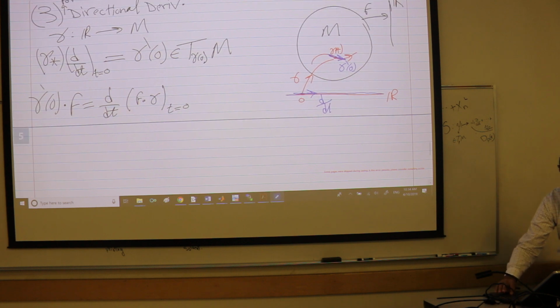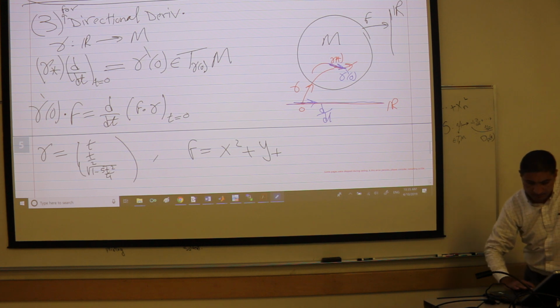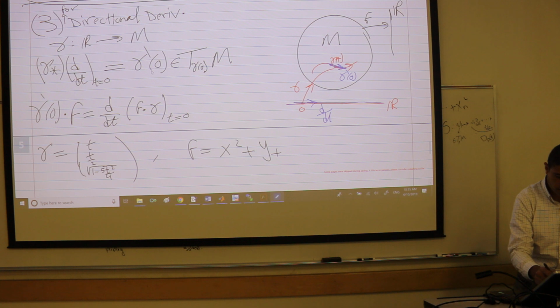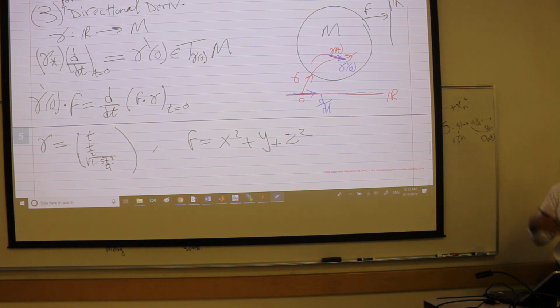Let's do it in our example that has been flowing with us. Reminding you, our gamma was t over 2, square root of something, 1 minus 5t squared over 4. The function was, I guess, x squared, y, and z squared, right? And we did the directional derivative in a couple of ways, and you can do it in many ways. Actually, this might be the easiest.